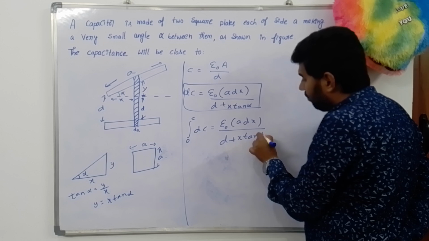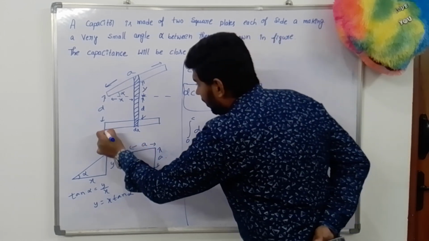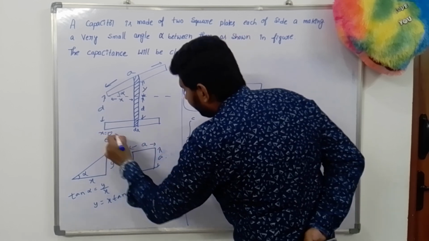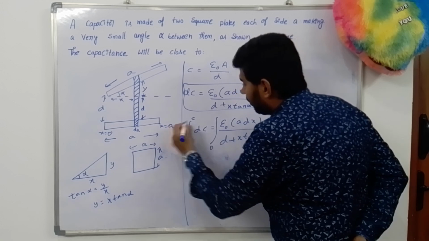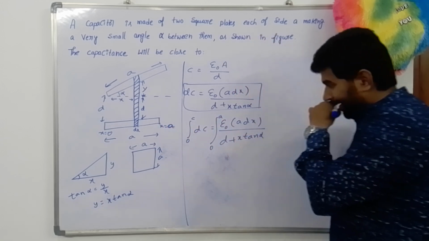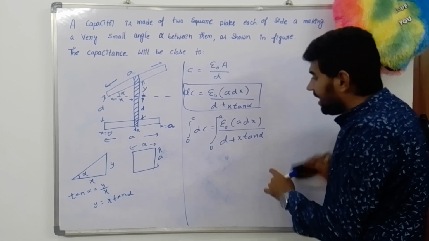I have to integrate both sides, so on the right side also, from the starting point x is equal to 0 to, what is the length of this side? A. I will write x is equal to 0 to x is equal to A, multiplied with epsilon naught A dx by D plus x tan alpha.